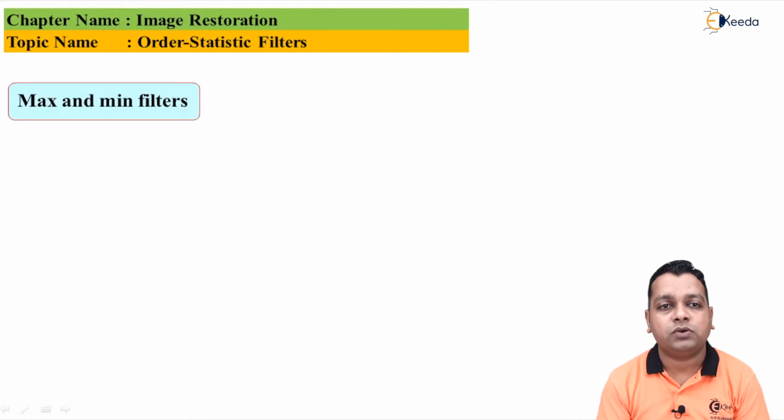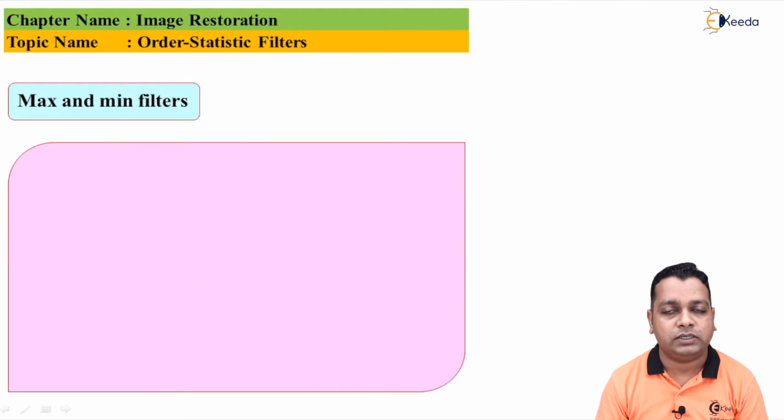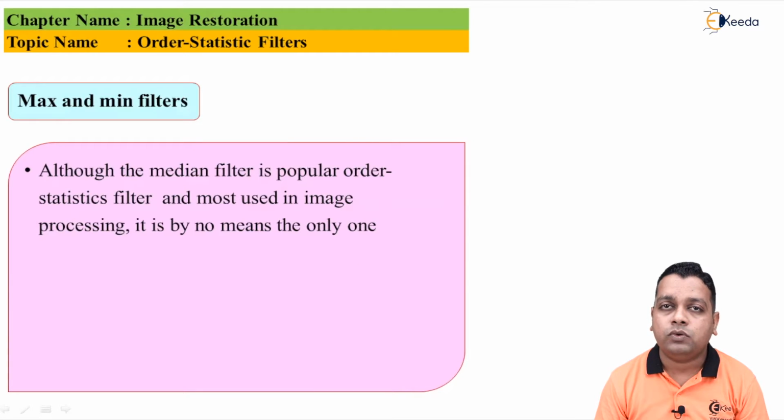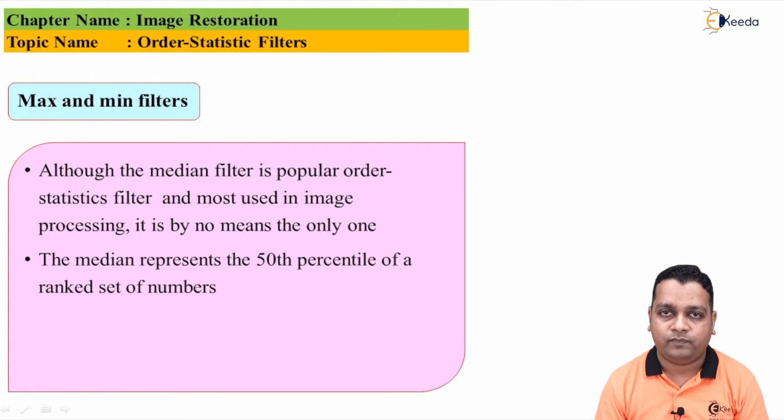After completion of the median filtering, we shall be discussing the max and mean types of filters. Although the median filter is popular, and this order statistic filter is mostly used in cases of image processing, it is by no means the only one. We have alternate options as well.